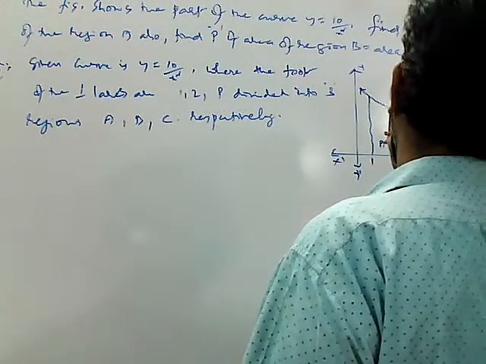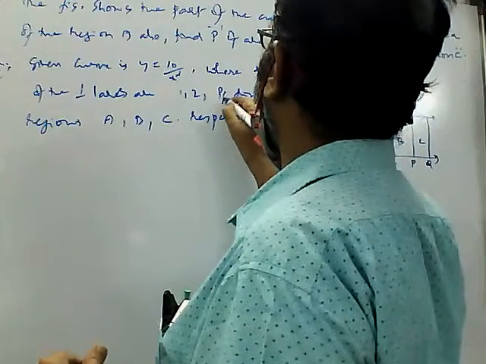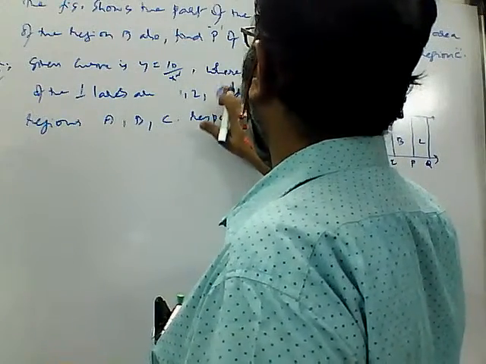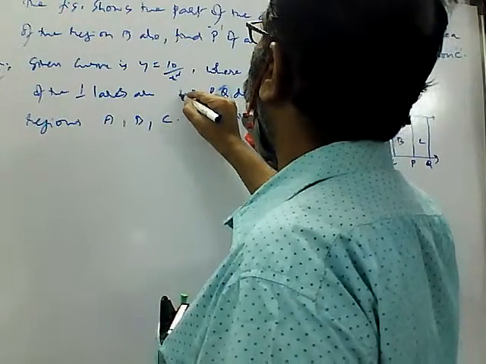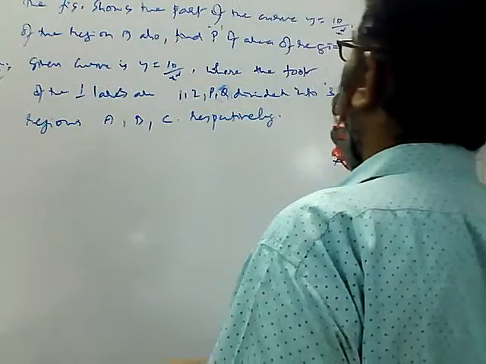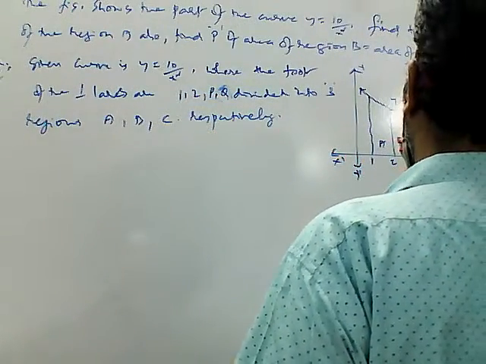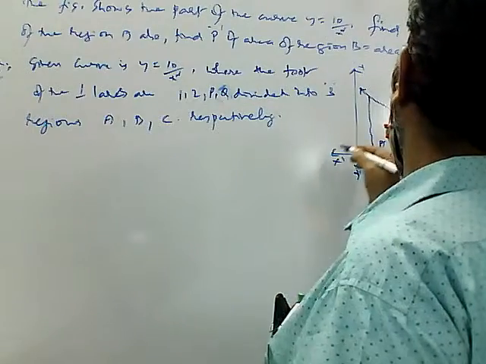Something you take as Q. So 1 to 5 is divided into 3 regions.